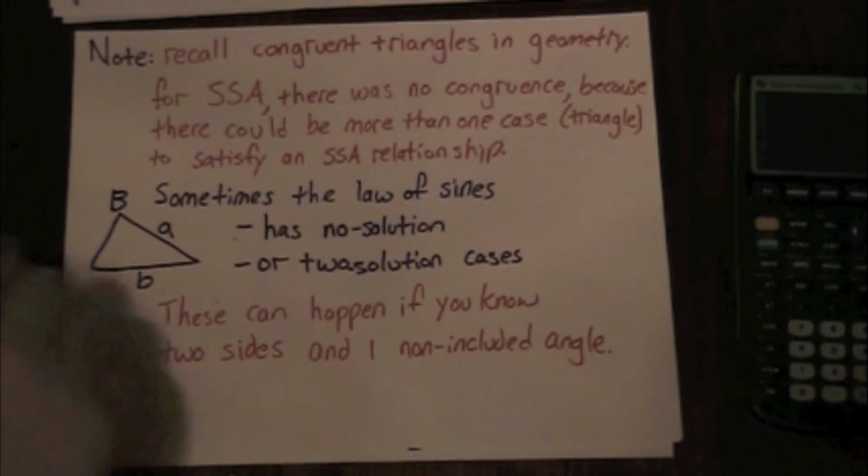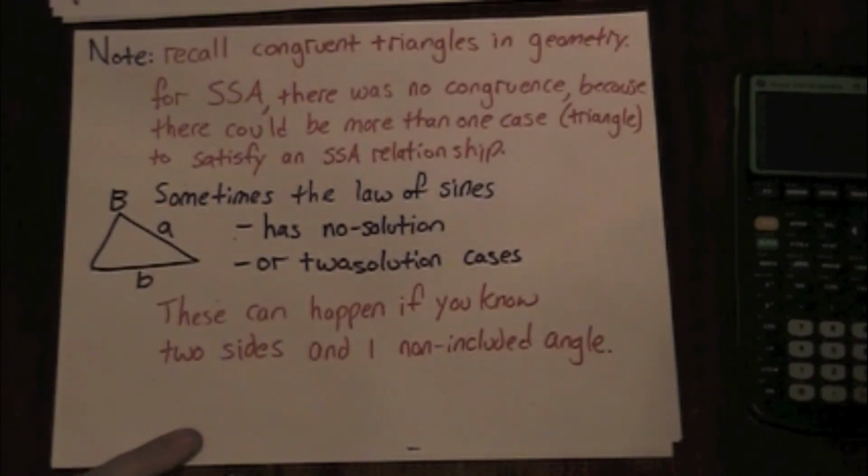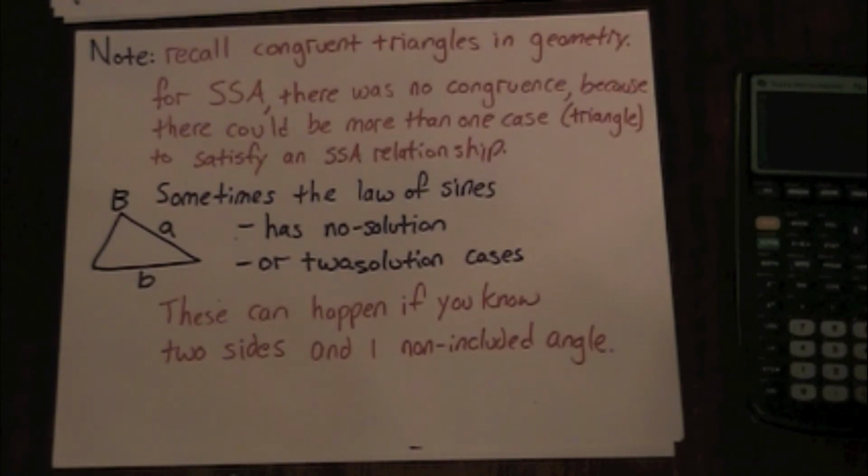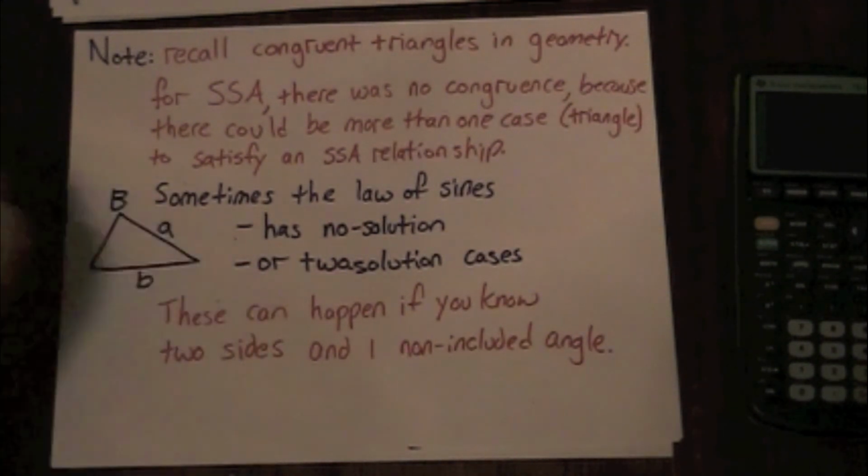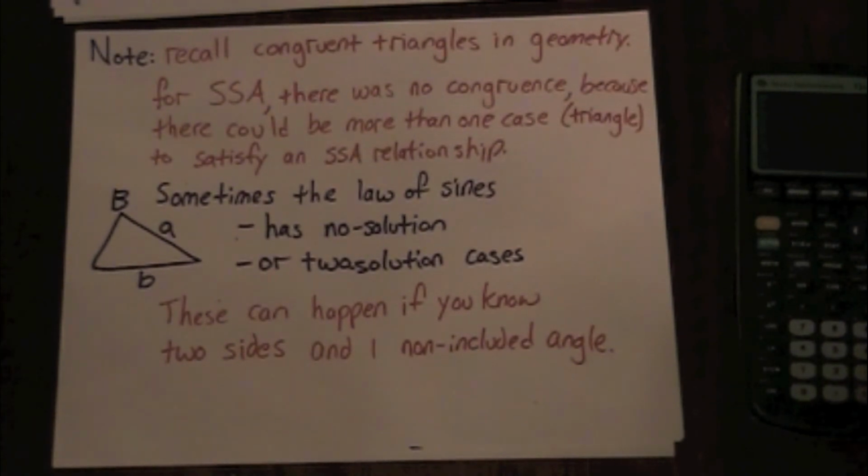This would be an SSA relationship. And just like in geometry, this produced more than one triangle rather than a congruence setup. The law of sines, when you have this relationship in the triangle, will occasionally have no solution or two solution cases.